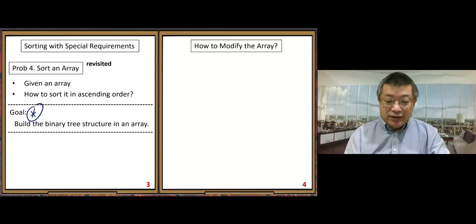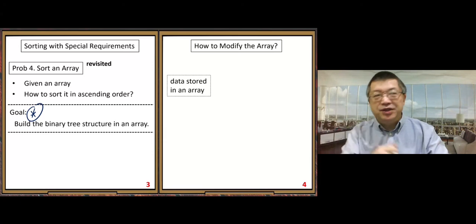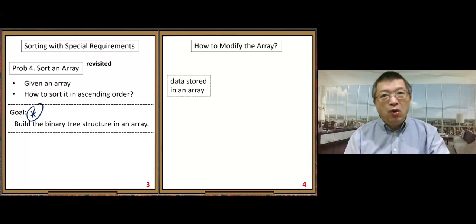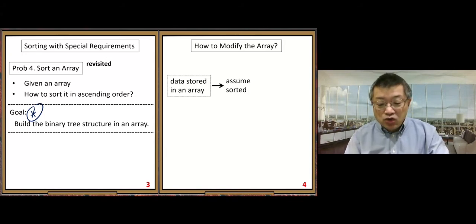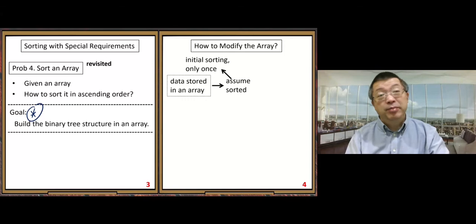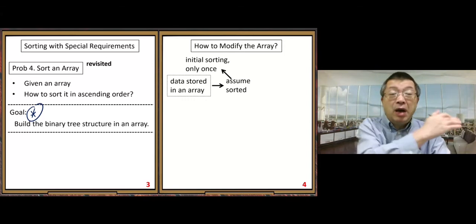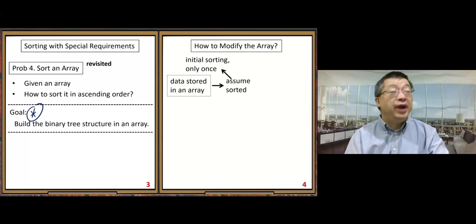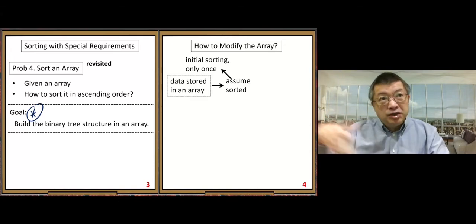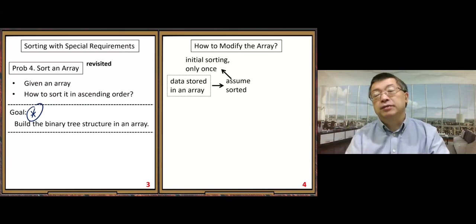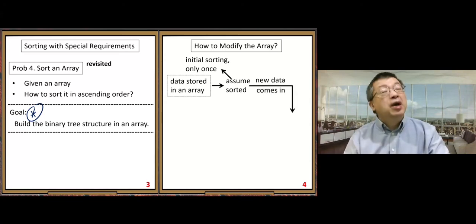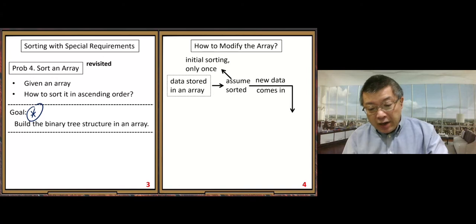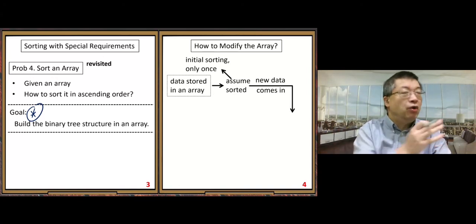Let's look at our current situation. We store data in an array. At the beginning, we can sort the data, to organize it. But the question is, we will have new data items keep coming in, so we need to add new data items into the current ordered array.